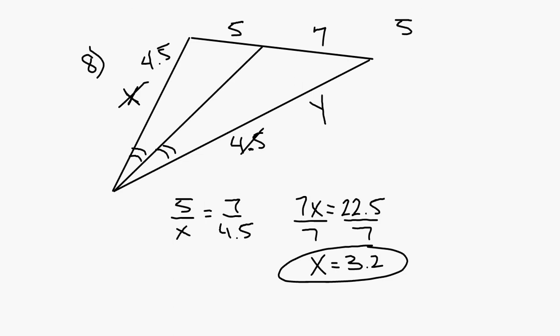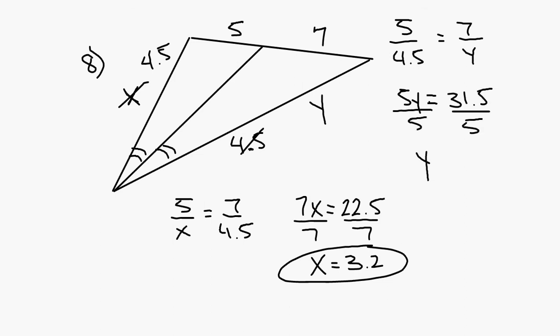Crisscross multiply, so 5y equals 31.5? Anybody do it yet? All right, and then divide by 5. 6.3. So there's your longest and shortest possible sides for the third side of the triangle.